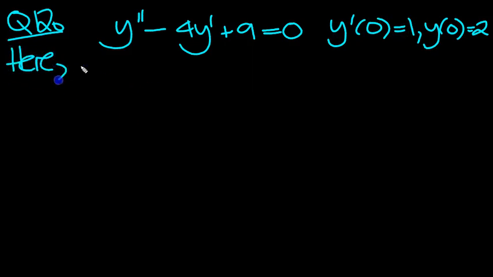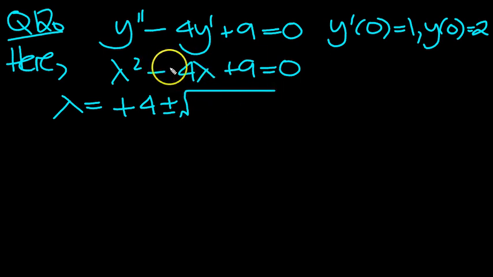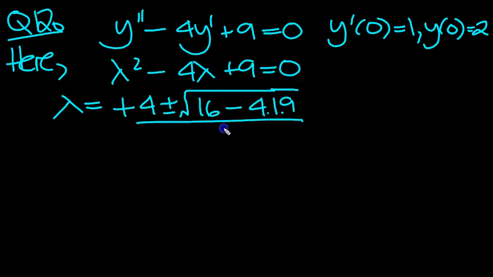Here, the auxiliary equation is lambda squared minus 4 lambda plus 9. Let's solve that. Lambda is equal to minus b, which is minus 4, so that makes it plus 4, plus or minus the square root of b squared, which is minus 4 squared, 16, minus 4 times a, which is 1, times c, which is 9, all over 2a, 2 lots of a, which is 1.